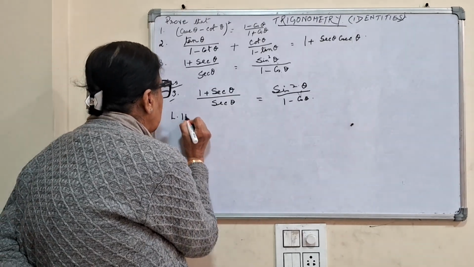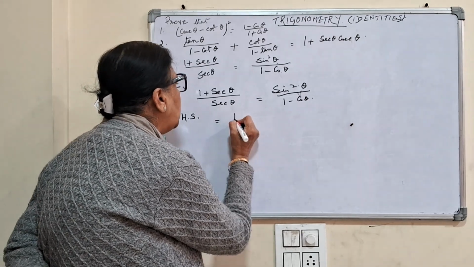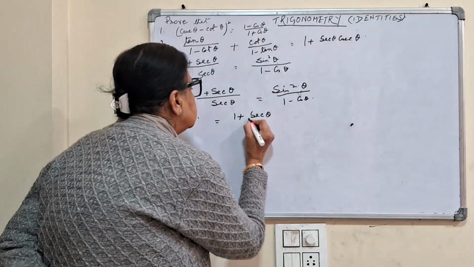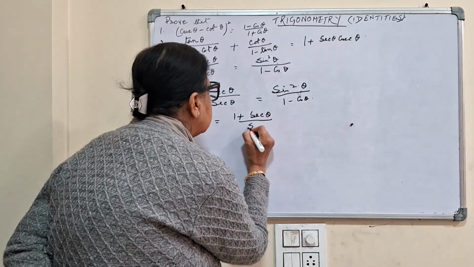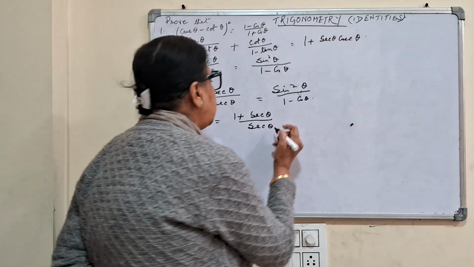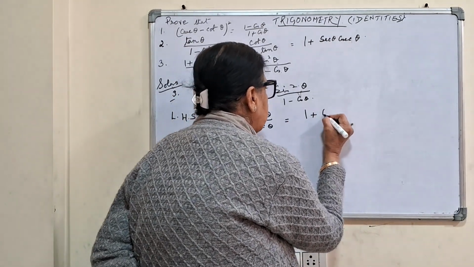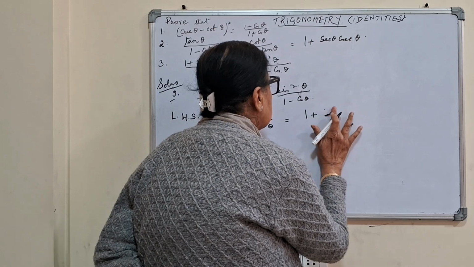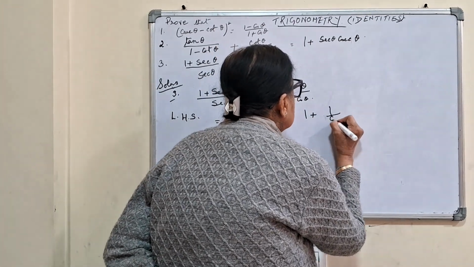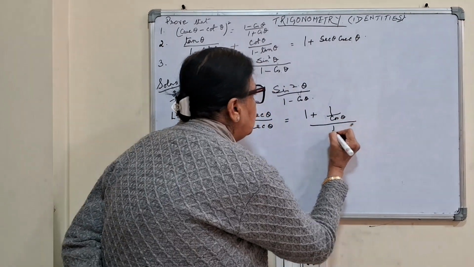LHS, left hand side, is equal to 1 plus sec theta divided by sec theta. What will I do? I will change this into cos. That is 1 plus 1 upon cos theta, sec is 1 upon cos theta, divided by 1 upon cos theta.